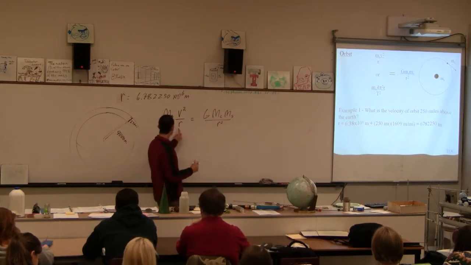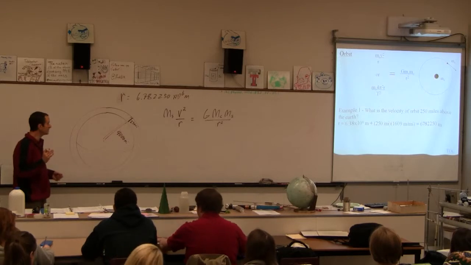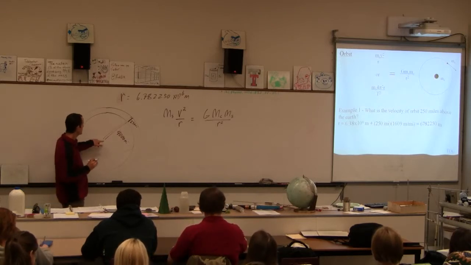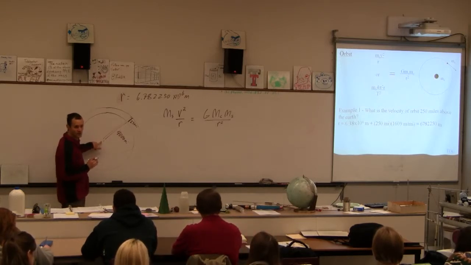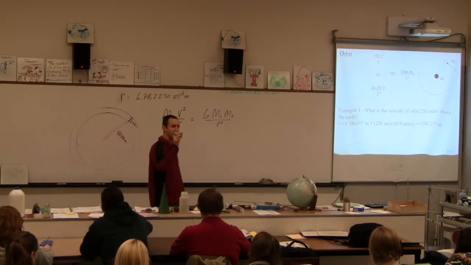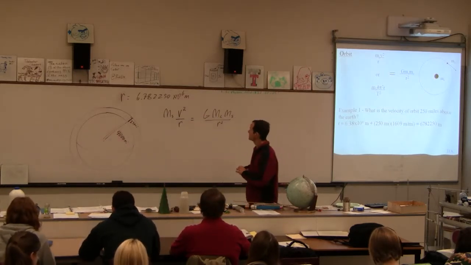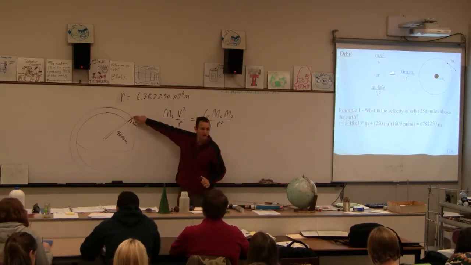Now, are these radii the same? Is the center to center distance the same as the radius of the circle the satellite goes around? They are the same if the Earth does not move. When would the Earth move? Well, the Earth would move if the satellite had a mass close to the mass of Earth.